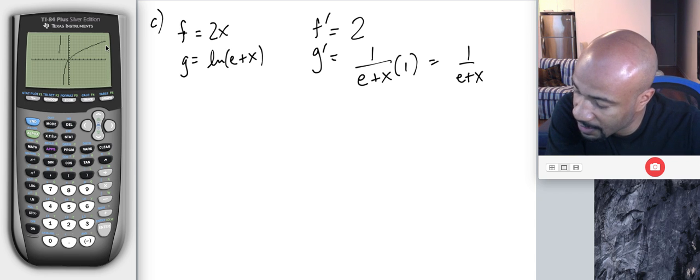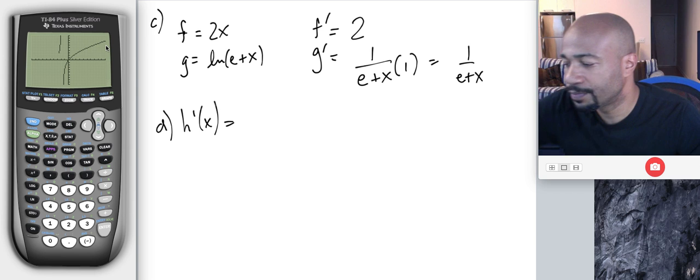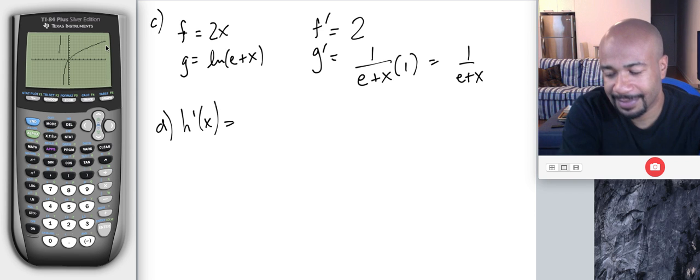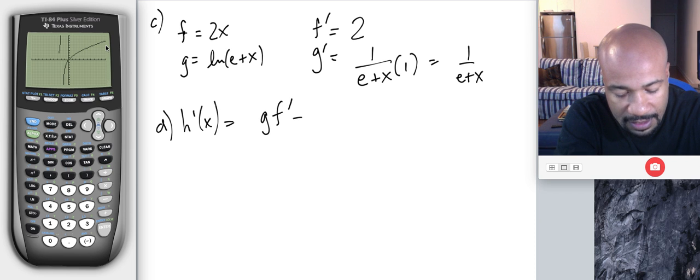So now she wants you to find the derivative. All right, so let's find h prime of x. The quotient rule, I mean, this one's going to be a little nasty, but it's g f prime minus f g prime over g squared.